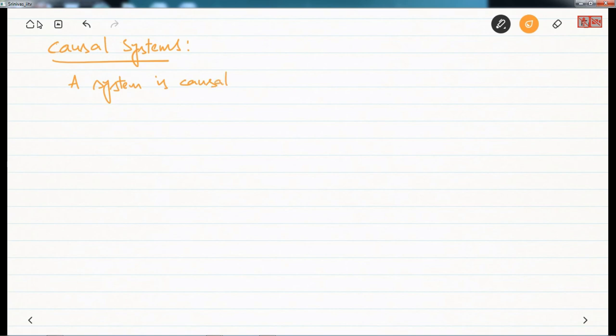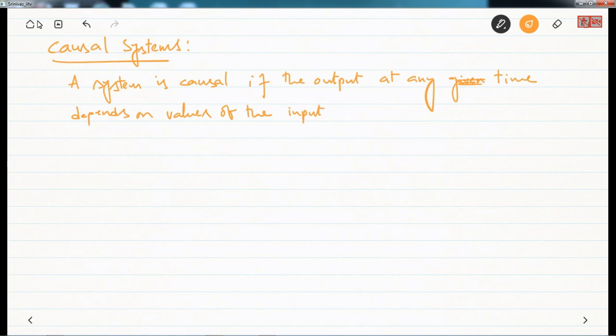A system is causal if its output at any given time depends on values of the input at only the present and the past times.